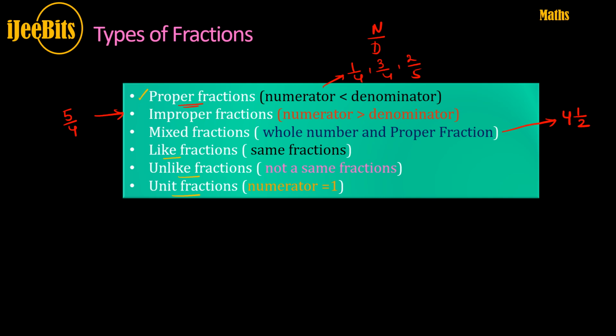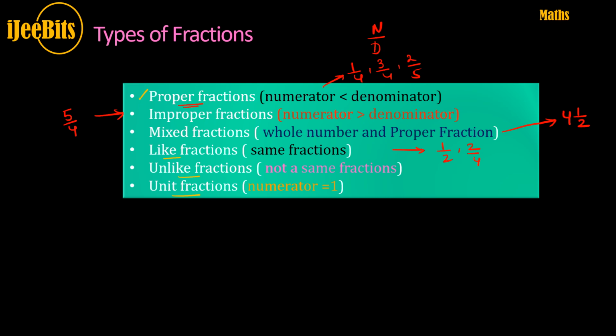Like fractions. There are instances where fractions seem to be equal when you simplify them. Let's say 1 by 2 and 2 by 4. Do you see this? Both are equal, because if you simplify this one, 2 ones are 2, 2 twos are 4, it is also nothing but 1 by 2.